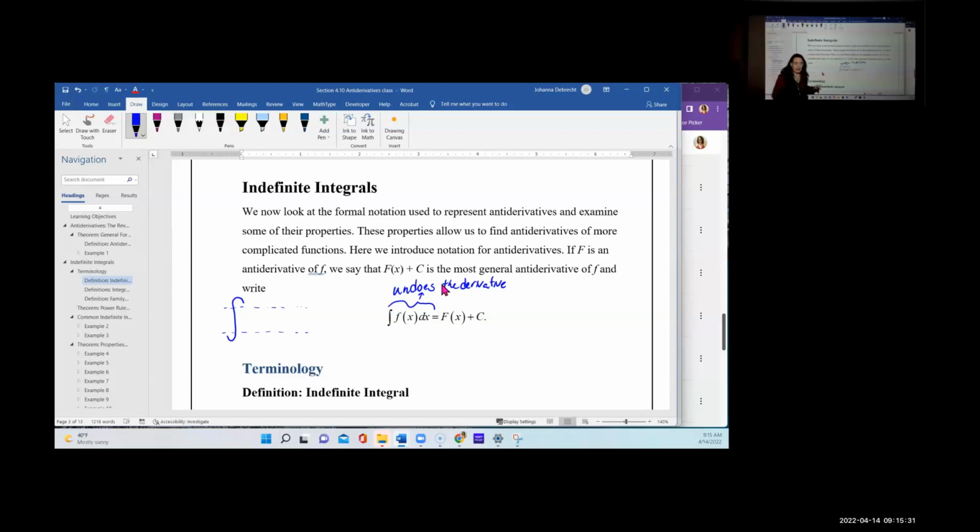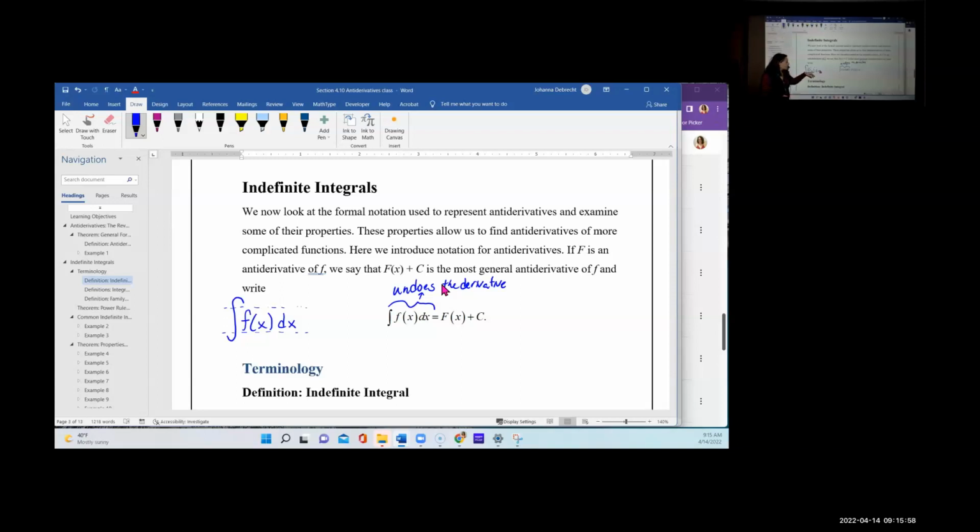All right. And then the f of x, which is the function you're trying to take the antiderivative of, would fit inside the symbol, and it would sit on the lower line. So notice the f of x is not even with the bottom of the symbol, all right? So these are kind of tricky things that you need to learn as you're doing it. It's actually sitting in the middle of the symbol.